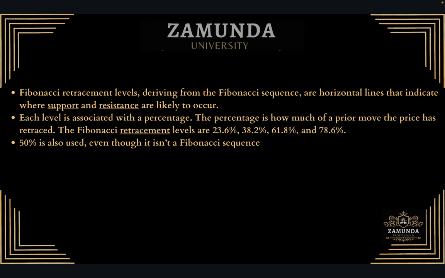Each level is associated with a percentage, which is how much a prior move in the price has retraced. The Fibonacci retracement levels are 23.6, 38.2, 61.8, which is that golden ratio, and 78.6. The 50% is also used, but it is not a Fibonacci number. 50% is the equilibrium for anything, so that's why it's thrown in there.